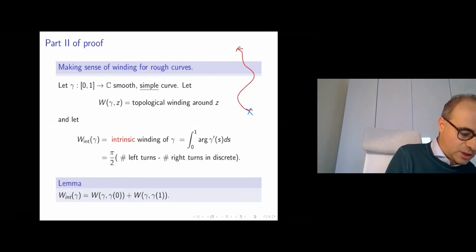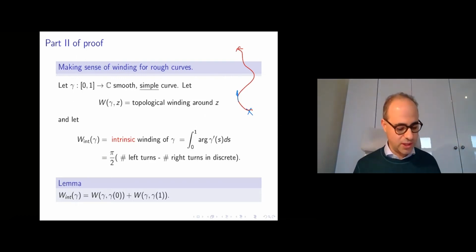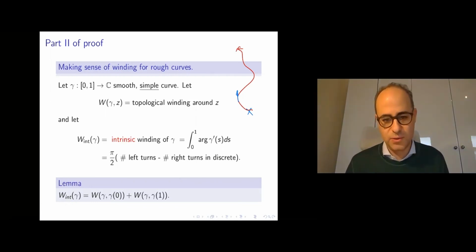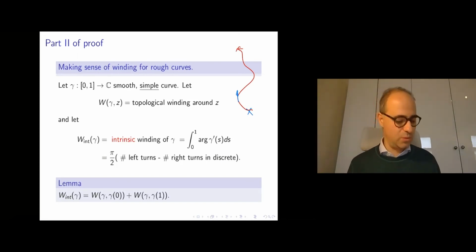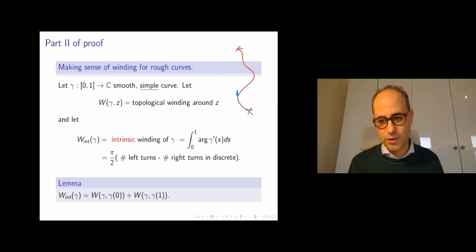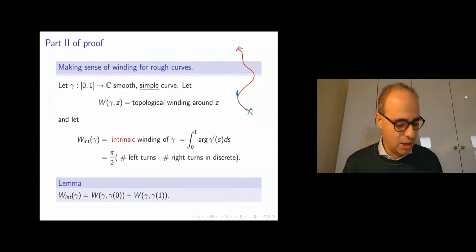At any given time, I can look at the tangent vector gamma prime, look at the argument of that, and just integrate this over the entire length of the curve. That gives me the intrinsic winding. So this really corresponds to the number of left turns minus the number of right turns. It counts how much the path winds around, not with respect to an origin Z, but intrinsically how much it winds around.